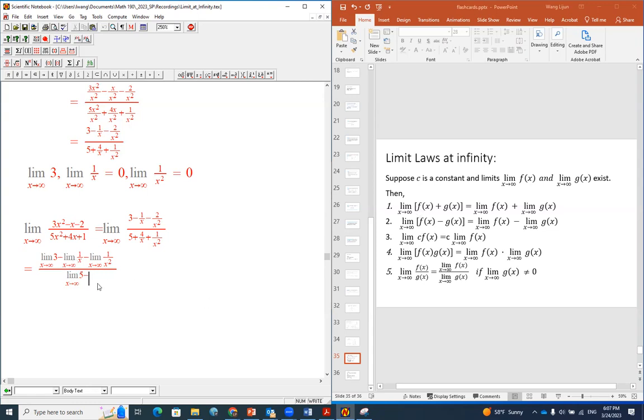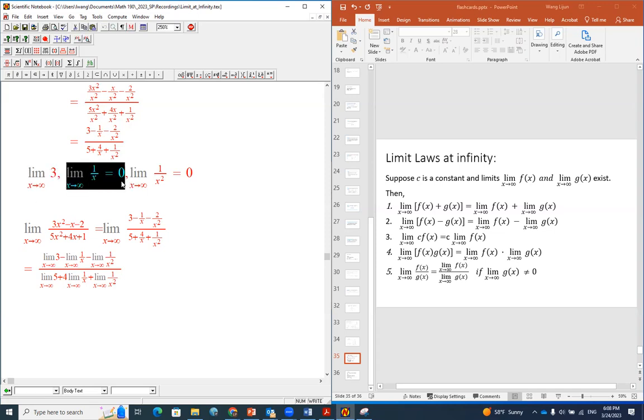Okay, and over here you have a 4 plus 4, limit of 1 over x. And the next one is limit of 1 over x squared. Then we know that the limit of 3 is 3 as x approaches infinity.